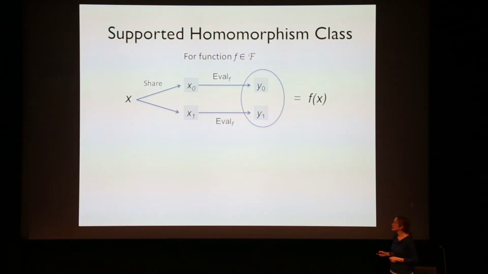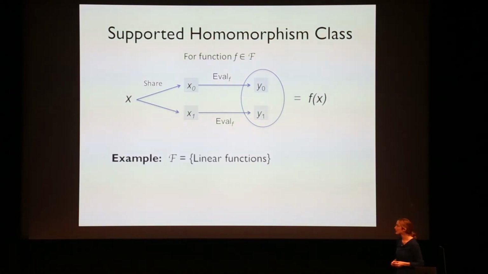A bit of a comment here. Note that this f is coming from somewhere. When you talk about a homomorphic secret sharing scheme, it is with respect to some class of functions, a supported homomorphism class. For example, you can think about the class of just linear transformations.